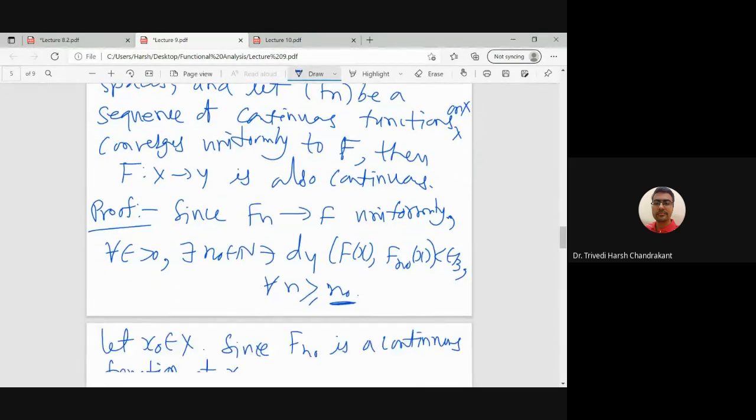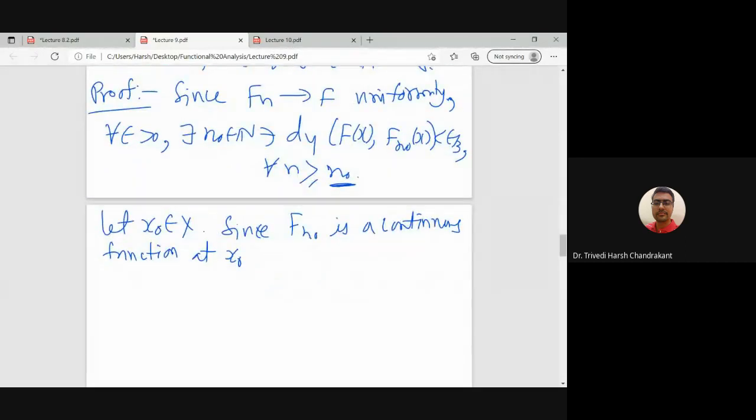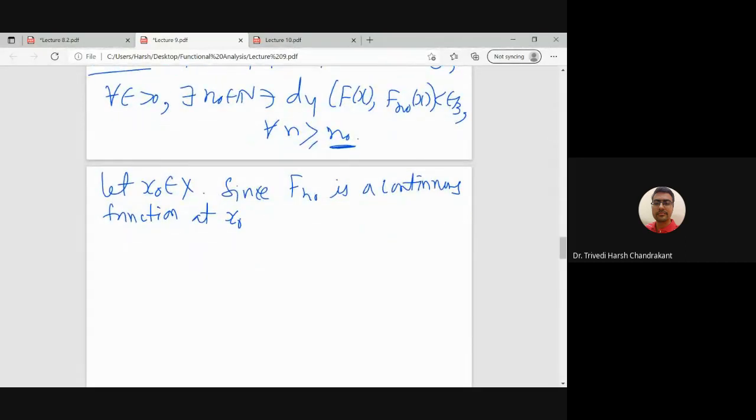At each point of X it is continuous, and since it is continuous, we can use the epsilon delta definition. For the epsilon we already took arbitrarily, we get a delta greater than 0 corresponding to that epsilon, such that the distance of f_n naught(x) with f_n naught(x naught) is less than, again, epsilon by 3.